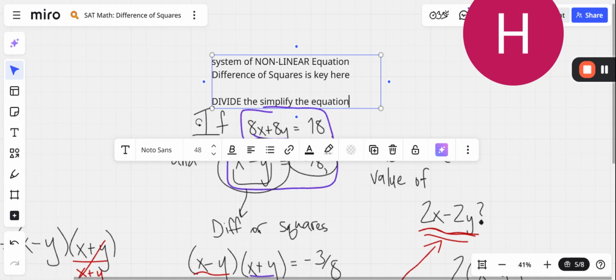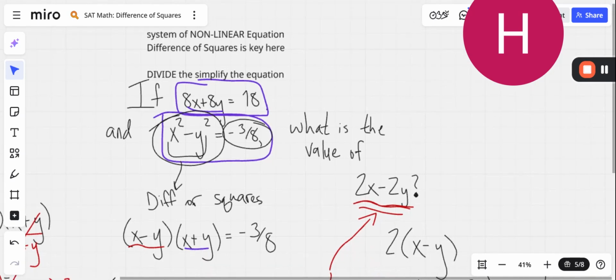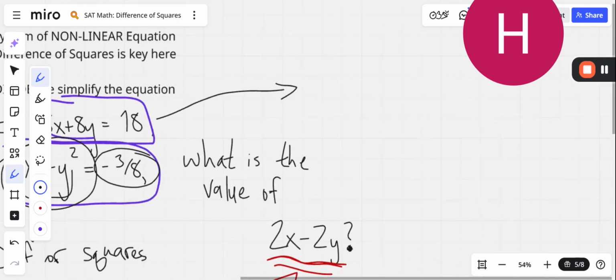In most systems of equations with lines, we want to add or subtract the equations in order to cancel out a variable. But in this case, we were not trying to cancel out a variable. You could absolutely use substitution as a method if you wanted to.